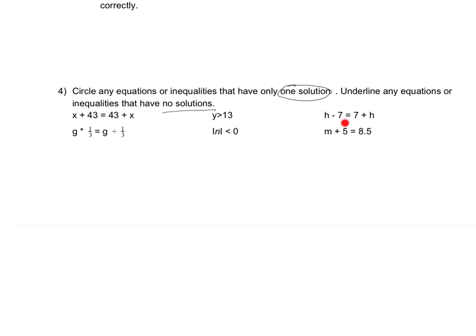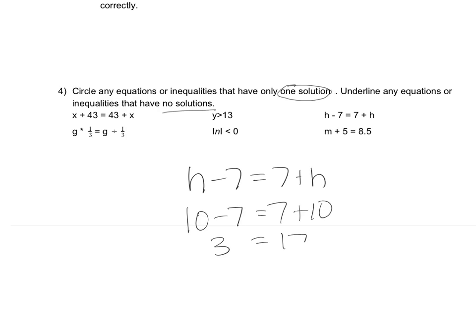H minus 7 equals 7 plus h. Let's try an example. How about 10? So instead of h, I will write a 10. This side gets me 3, this one 17. That didn't work.